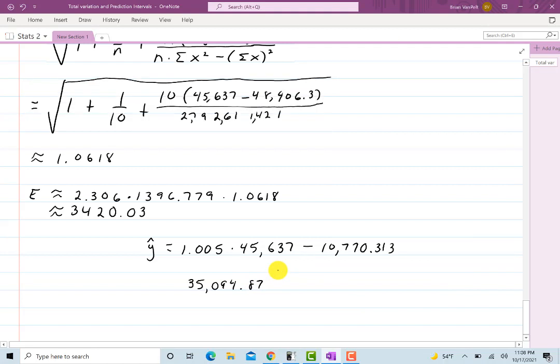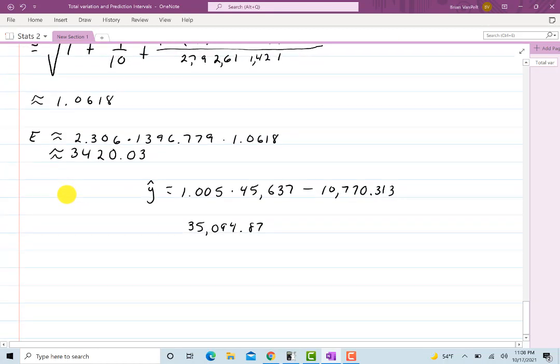So we're going to add and subtract from that this e value. So let's call it the left endpoint, whatever you want to call it.